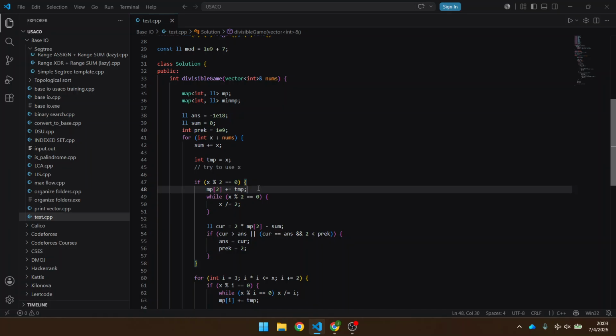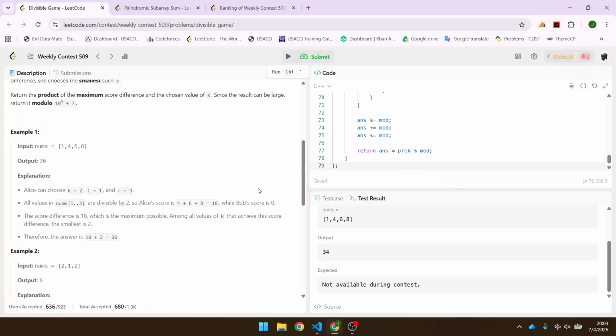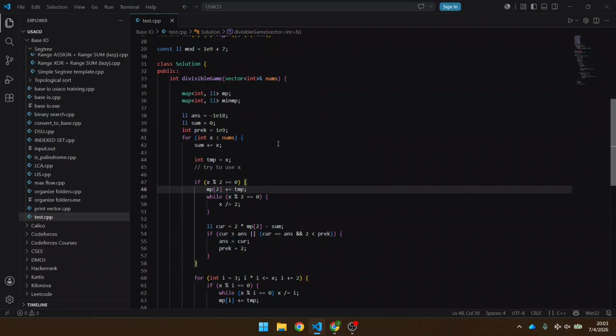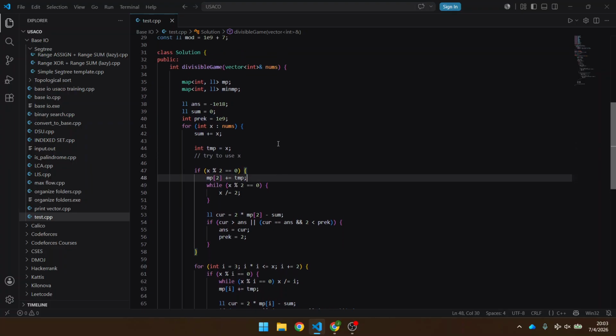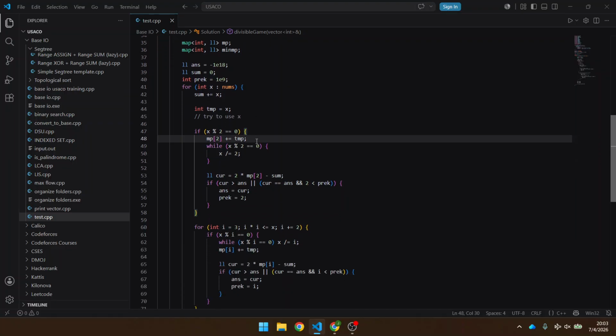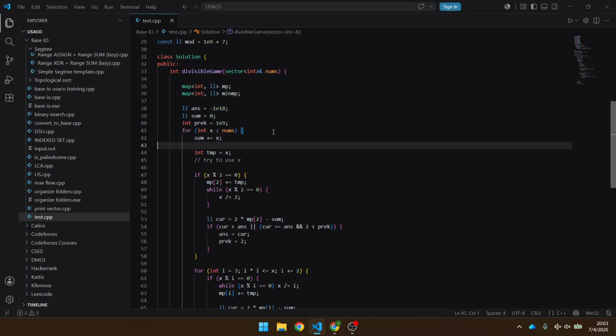What is min map? What does min map do? Numbers, all the prime numbers in the primes that don't divide can remove. Okay, so what do we do over here?